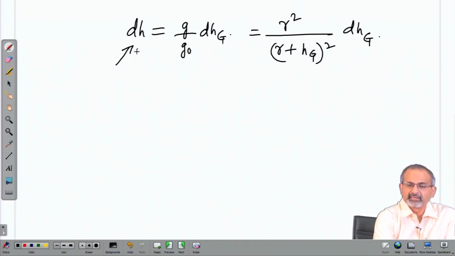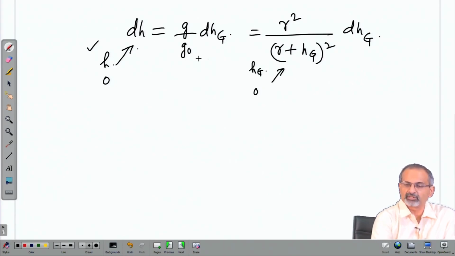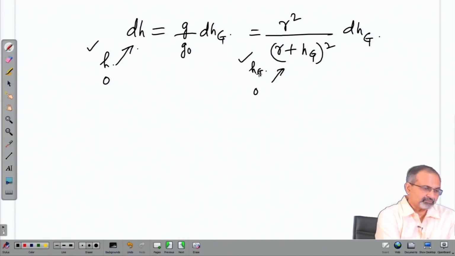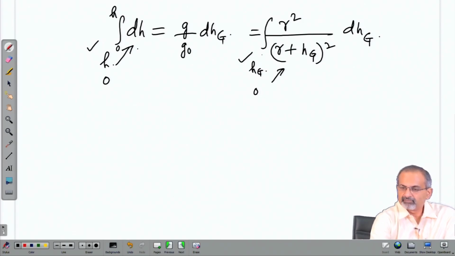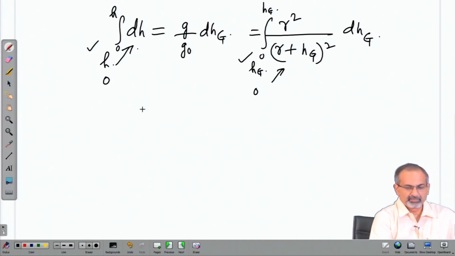When we integrate it, this will be integrated from 0 to h, this will be integrated from 0 to hg, because these are 2 different altitudes we are talking about. One is the geopotential, the other is the geometric. Once you do this integration, what do you get? You get a relation between h and hg.